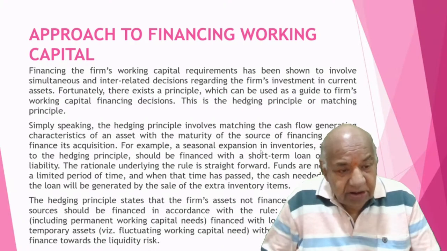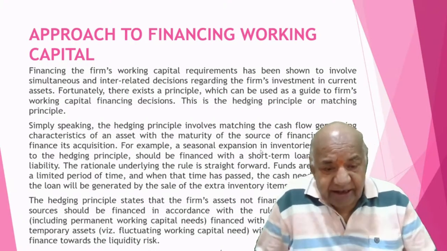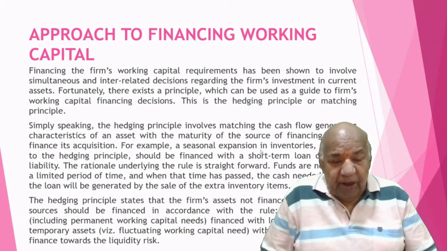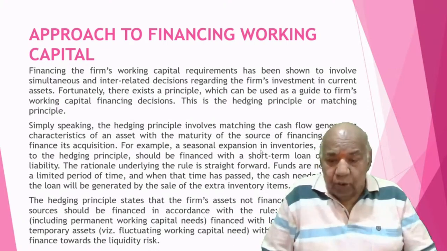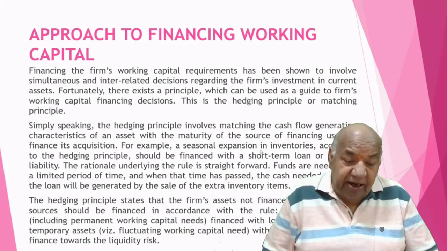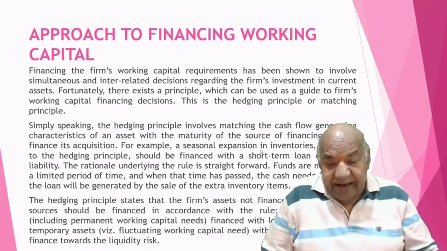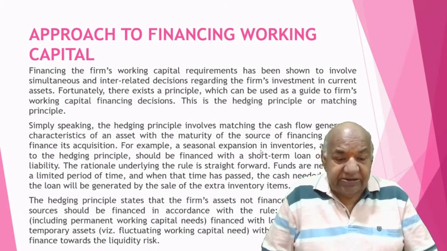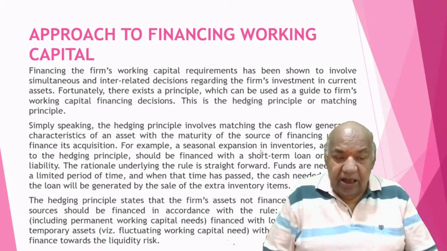In short, the hedging principle states that the firm's assets not financed by spontaneous sources should be financed in accordance with the rule: permanent assets, which also include permanent working capital, financed with long-term sources, and temporary assets, that is, fluctuating working capital needs, with short-term sources of finance, towards the liquidity risk.